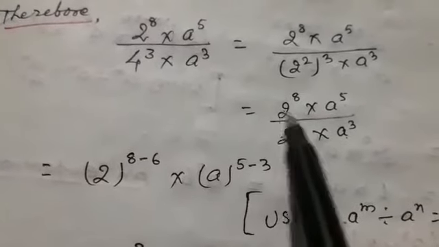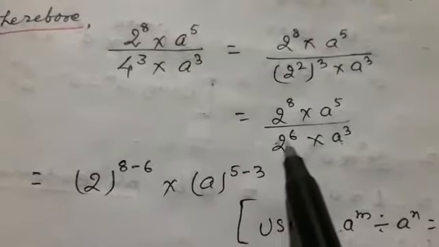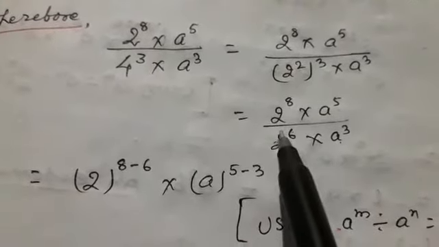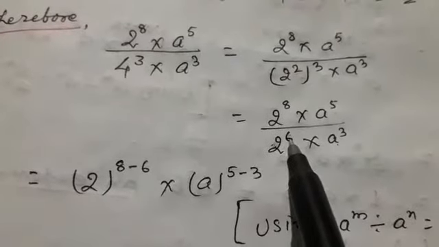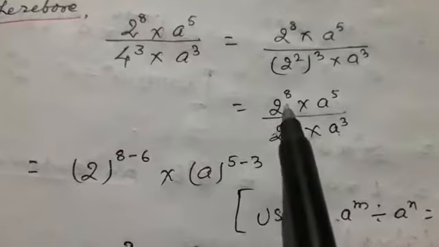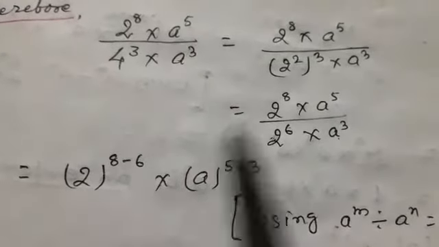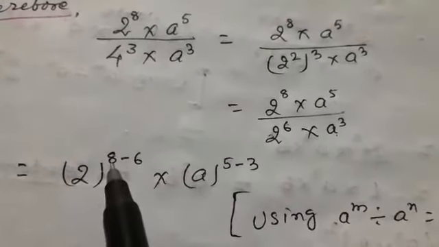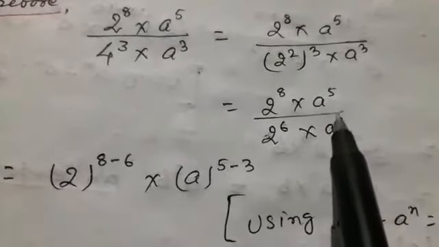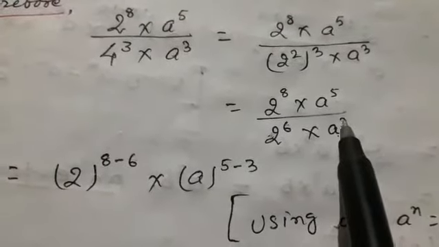Here the numerator is divided by the denominator, so we can say that 2 to the power 8 divided by 2 to the power 6, and in division we subtract the powers, so we write 2 to the power 8 minus 6 multiply a to the power 5 divided by a to the power 3.